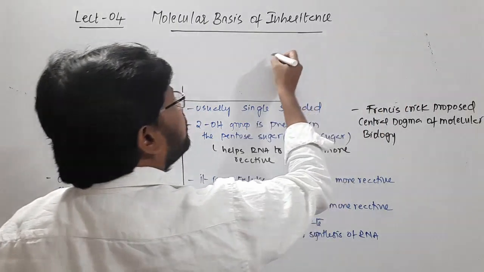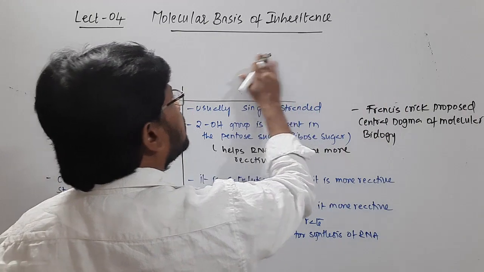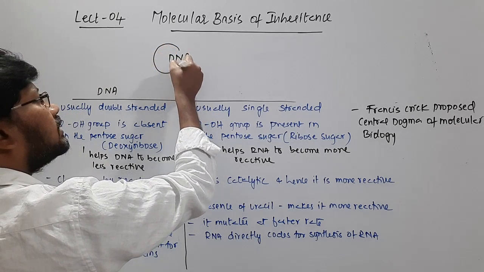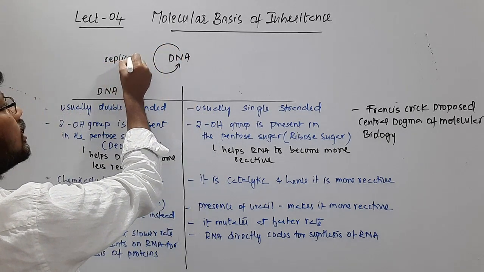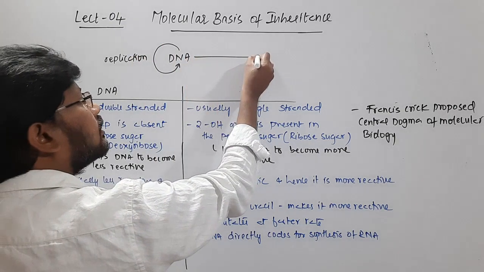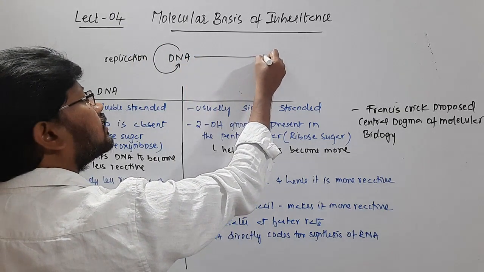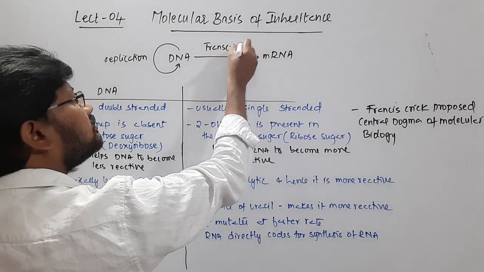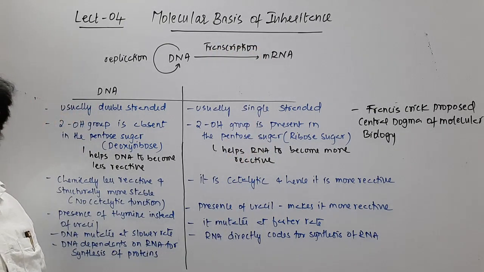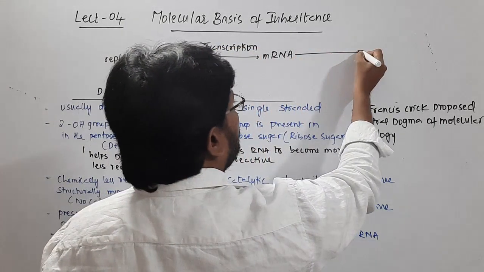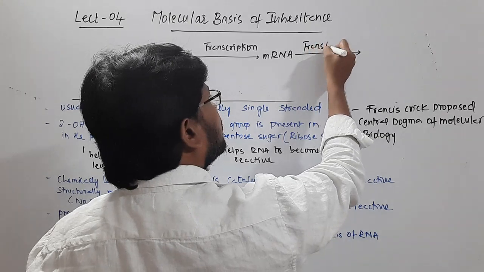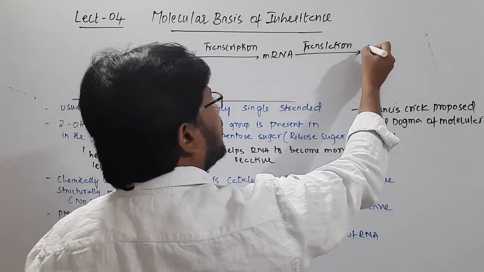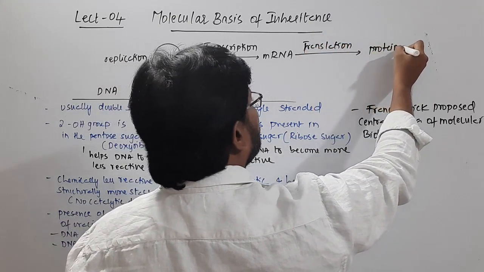So here in detail, DNA will replicate by itself. This process is replication, and the DNA will help in the formation of mRNA. This process is called transcription, and the mRNA will be translated. The process is called translation, and that translation will help in synthesis of protein.